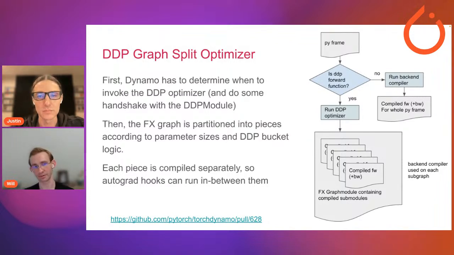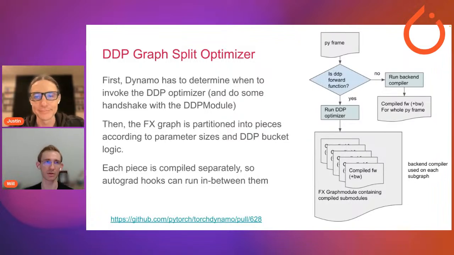And the logic itself is pretty simple. As I mentioned earlier, DDP has this bucket concept where it puts some of the layers' gradients together into buckets and groups them so that it can do more efficient communications.